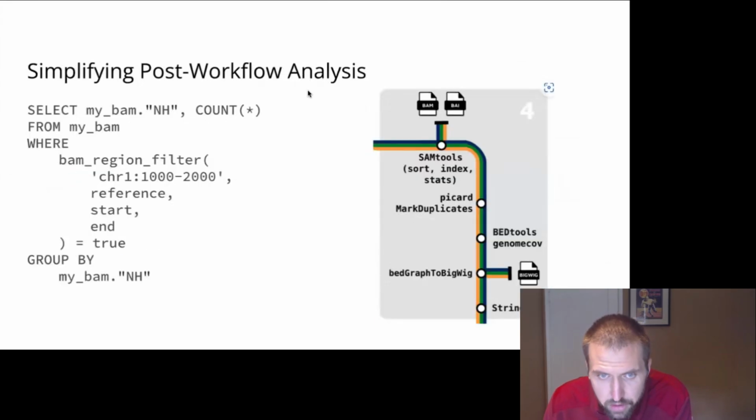For example, say you wanted to use the NH tag in BAM, and we'll talk a bit more about schema on read in a second. You have this BAM file, which is an alignment file, and a BAI, which is the associated index. In bioinformatics, lots of file formats have indexes along with them, so it's basically two files that come together.